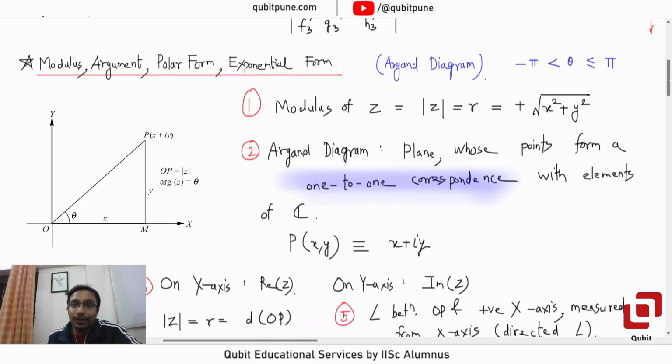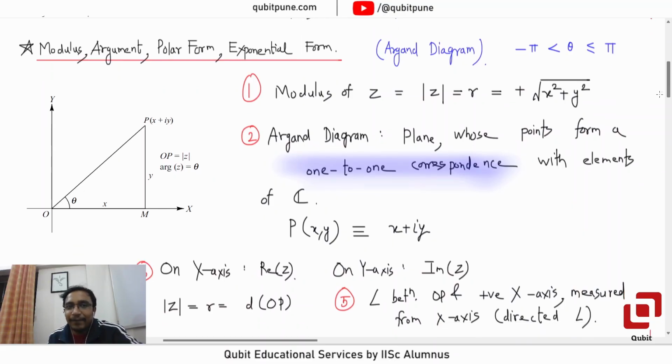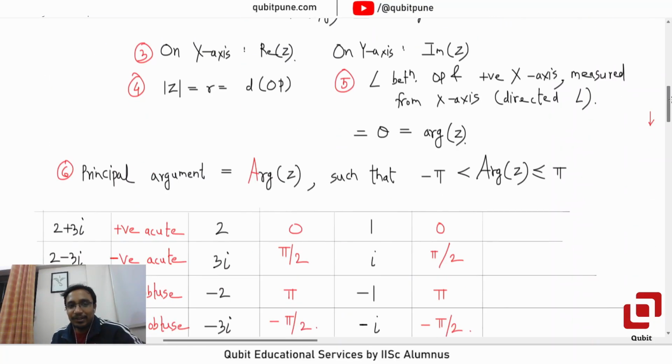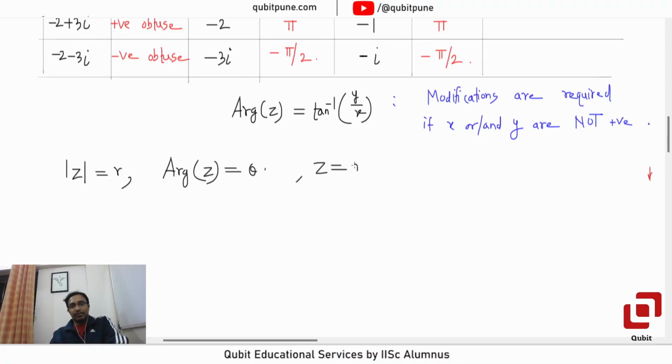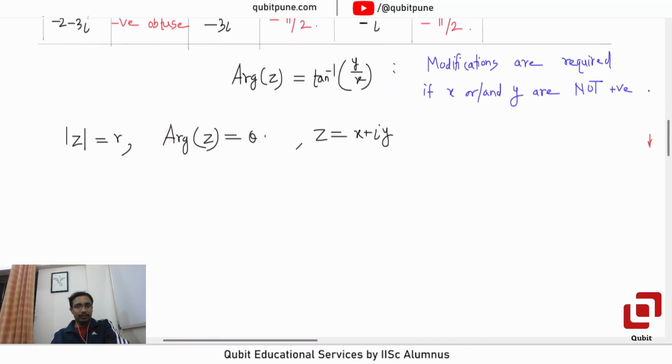Okay. Now we go to polar form and exponential form. I find the exponential form the most suitable form for calculations. What is polar form? Anyone? Suppose we have a complex number z, with mod z equal to r and principal argument, let's say theta, and z is x plus iy, of course. So what will be the polar form?